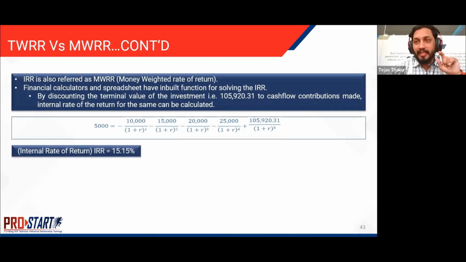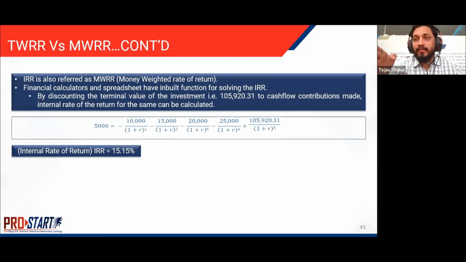And if you apply this in Excel, typically we don't do it manually. Nobody expects you to do it manually either. But if you apply an IRR formula in Excel, which is basically capturing all the values, the inflows are generally negative, outflows are positive. If you put that in an Excel IRR function, you will get a 15.15% IRR.